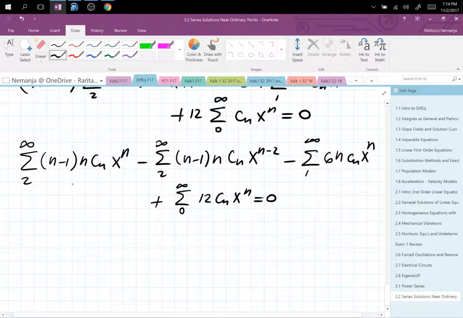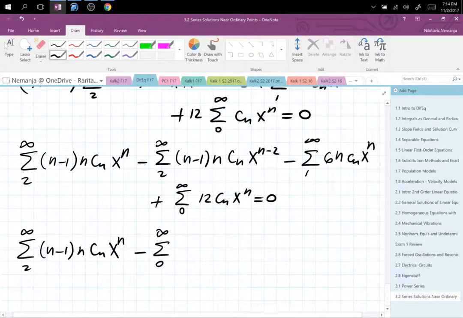So from the first series, we are peeling off 0 and 1. No, we are leaving at 2. This one and this one are peeling terms. There we go. So we are copying the first series, cn. Now, this one is the one that shifts.